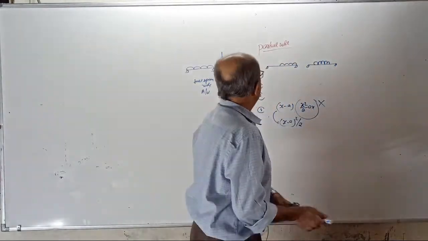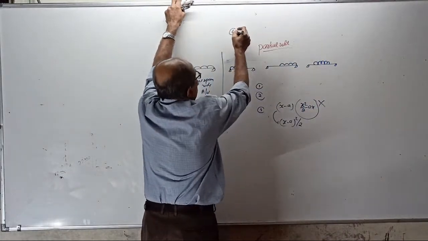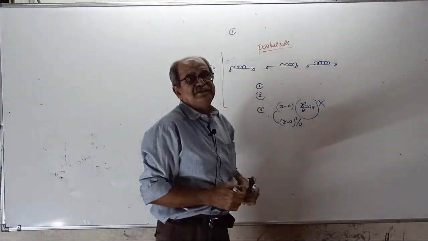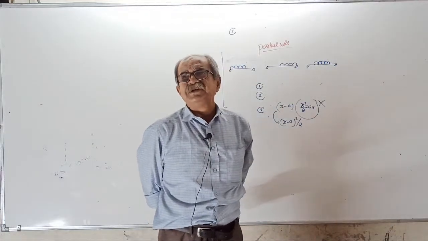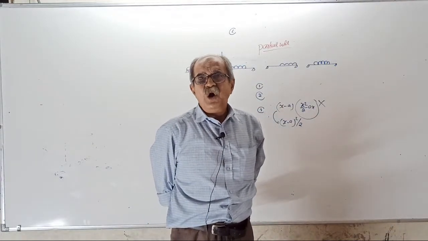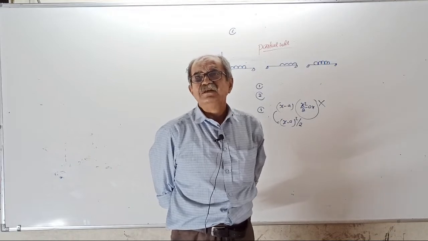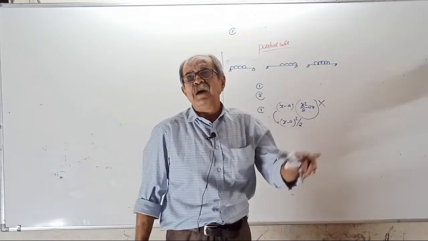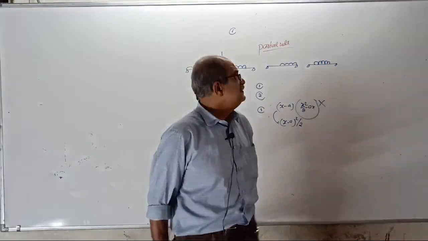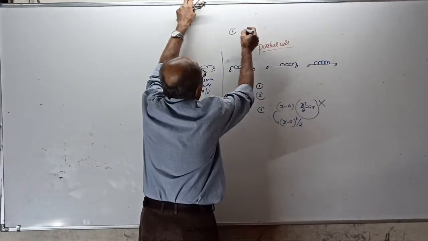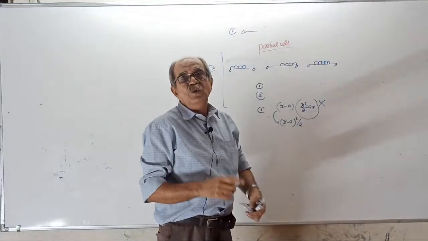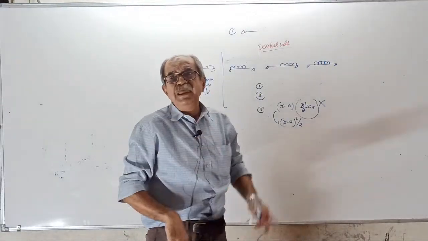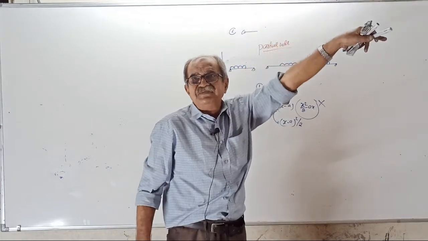Then, sixth point. When you substitute the value of x for any reason, either in the slope equation, deflection equation, or the BM equation, you should not consider those terms due to which BM will come on the further side.